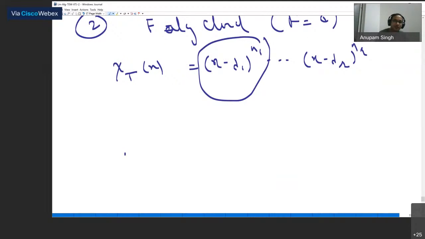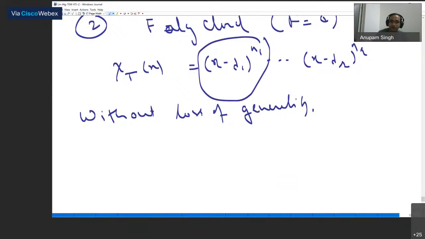So let's assume, without loss of generality, that chi_T(x) is a single polynomial, (x minus lambda) to the power whatever I have, n1 or n, doesn't matter. I can take just n, right?